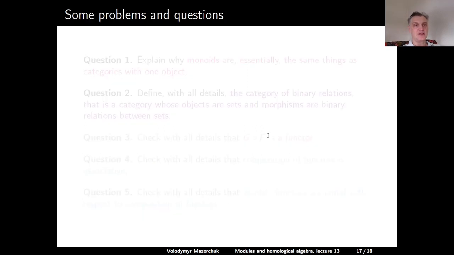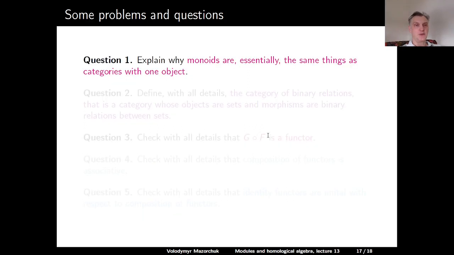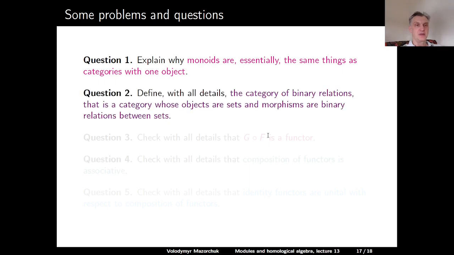Okay, some problems and questions at the end. Question 1. Explain why monoids are essentially the same things as categories with one object. Question 2. Define with all details the category of binary relations, that is, the category whose objects are sets and morphisms are binary relations between sets.